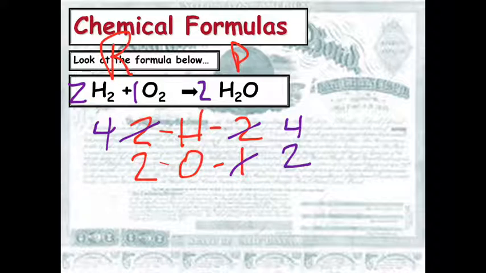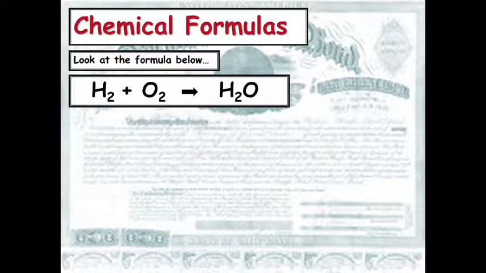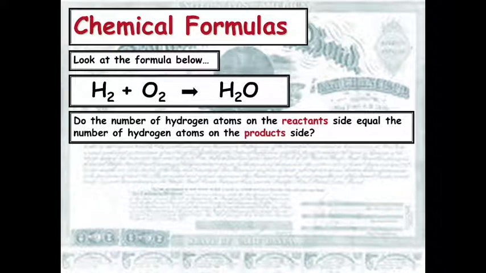You have the same number of each type of atom on both sides of the reaction. Easy enough? Okay. So we just said that right now, number of hydrogen on the reactants and products match, but the oxygens don't.